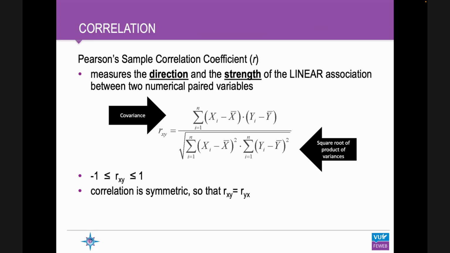So if we want to understand how strong the correlation is between the degree of irritation for commercials and the viewing time for commercials, then we can do what's called a correlation test.